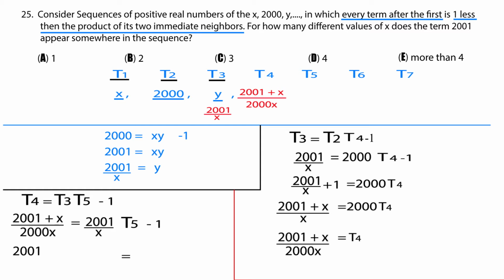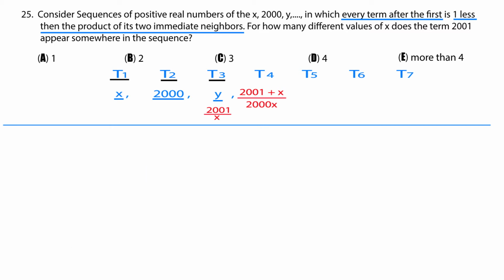So you have 2001 plus x; if you add the 1 to that side and get a common denominator, it'll be 2000x over 2000x, and this equals 2001 over x times T5. So this looks like 2001 plus 2001x over 2000x, times x over 2001, is equal to T5.